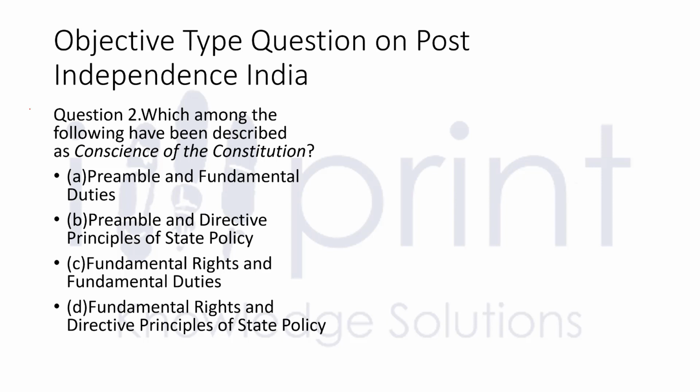If you remember chapter 4, you should be able to answer this question. Pause the video and try to answer it, and you can comment on the video as well, and let's check whether you're correct or not.